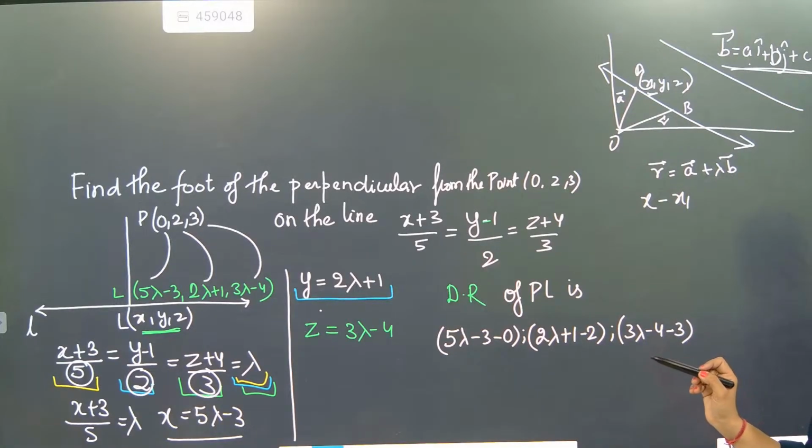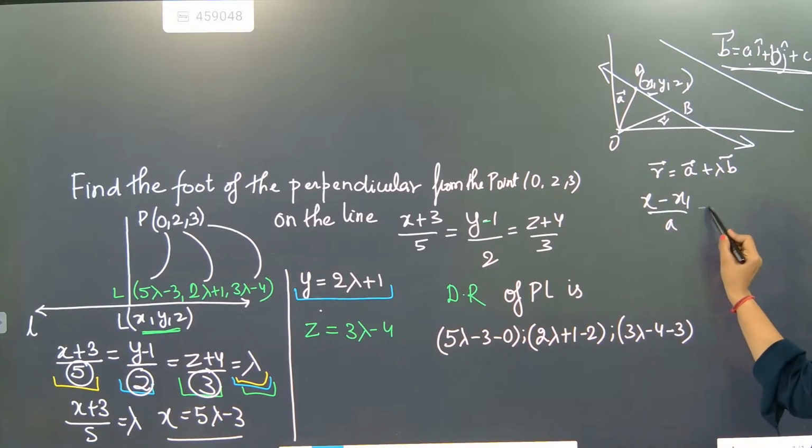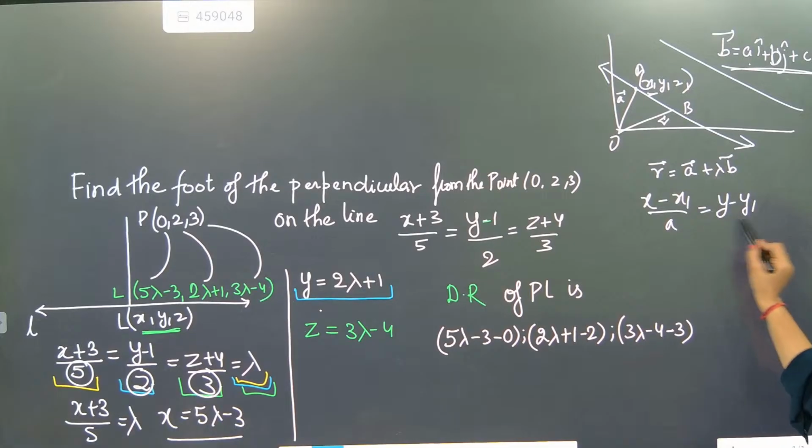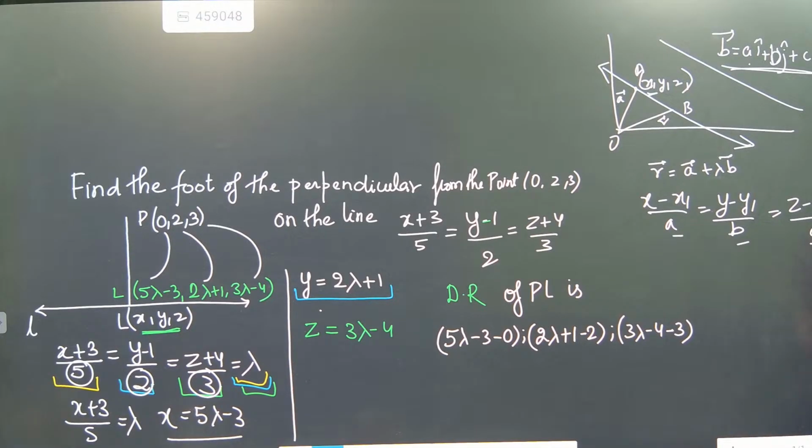You know this or not? And then beta, y minus y1 by b and z minus z1 by c. Understood? Now beta, what are a, b, c? Very good. a, b, c are considered as direction ratios.